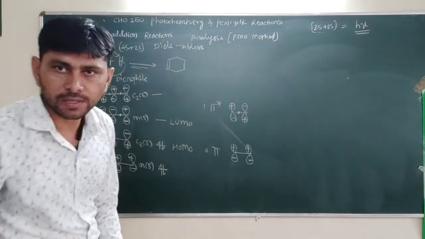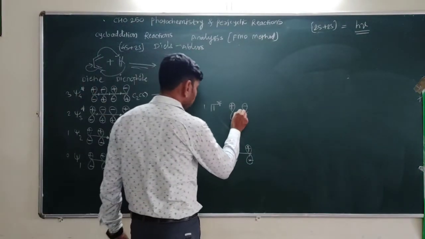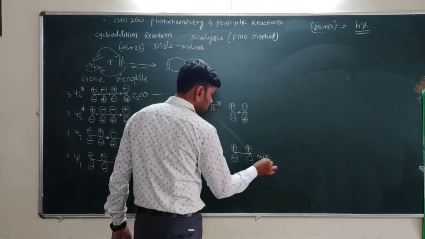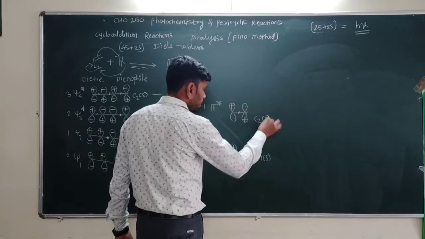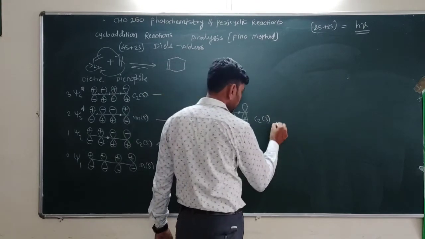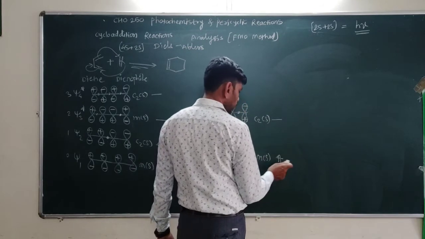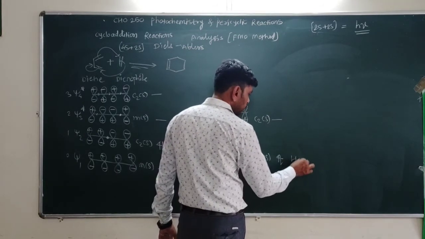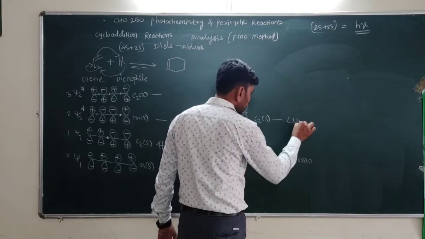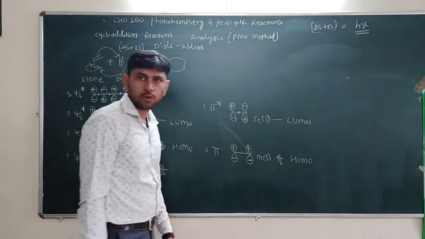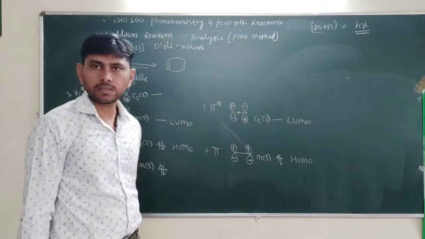So the sign changes after the node. It has M symmetry, it has C2 symmetry. So the electron distribution here is 2 pi electrons. So this is the HOMO and this one is the LUMO.